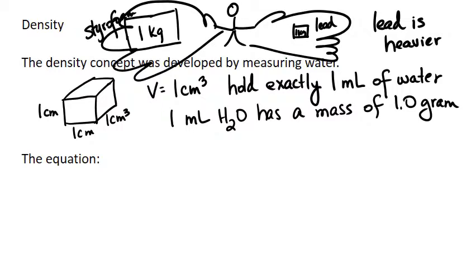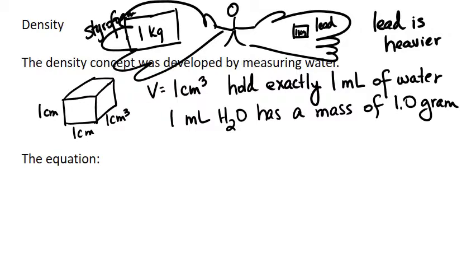That space is proportional. We end up with 100 grams of water taking up 100 cubic centimeters of space, and 1,000 grams of water taking up 1,000 cubic centimeters of space. So density is an intensive property. It's not going to change no matter how much you have of a substance.